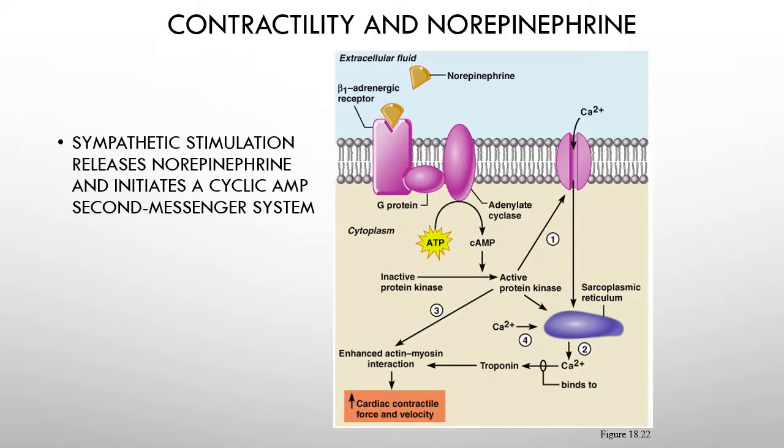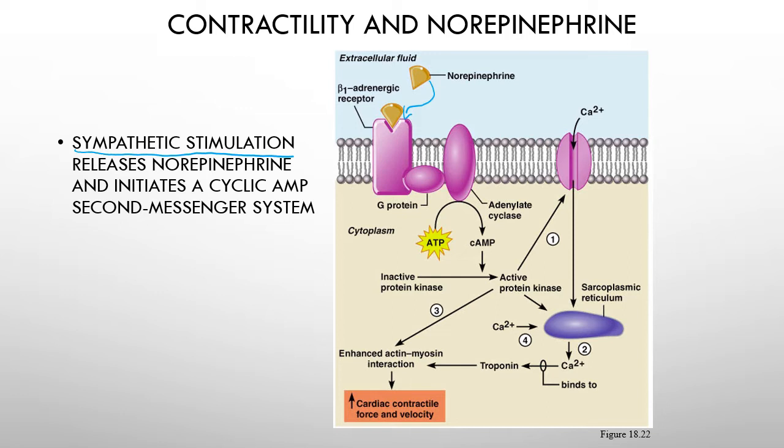On the increased stroke volume side of things, we said that we have the sympathetic nervous system. Through sympathetic stimulation, it is going to cause the release of our neurotransmitter norepinephrine. That norepinephrine then comes to the heart and binds to a beta-1 adrenergic receptor.